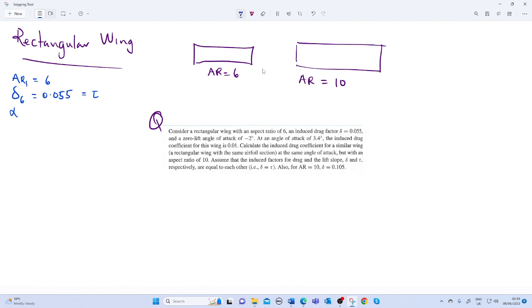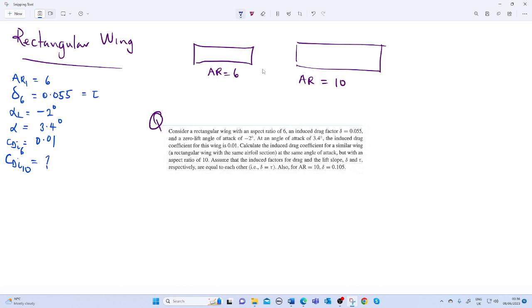We're told the zero lift angle equals -2 degrees, the real angle of attack equals 3.4 degrees, and the induced drag coefficient CDI equals 0.01.